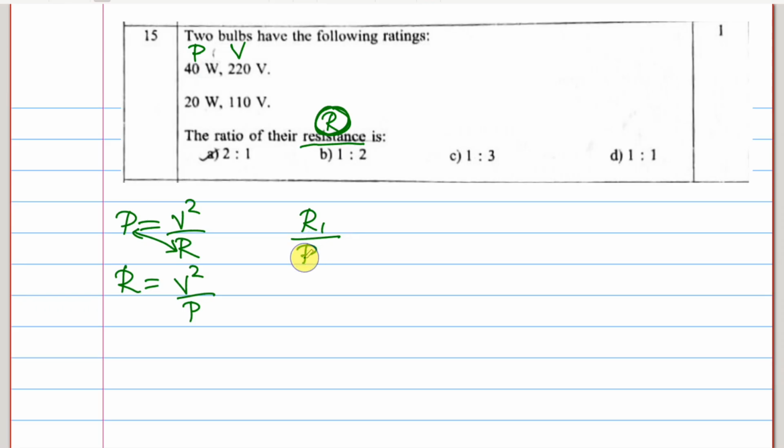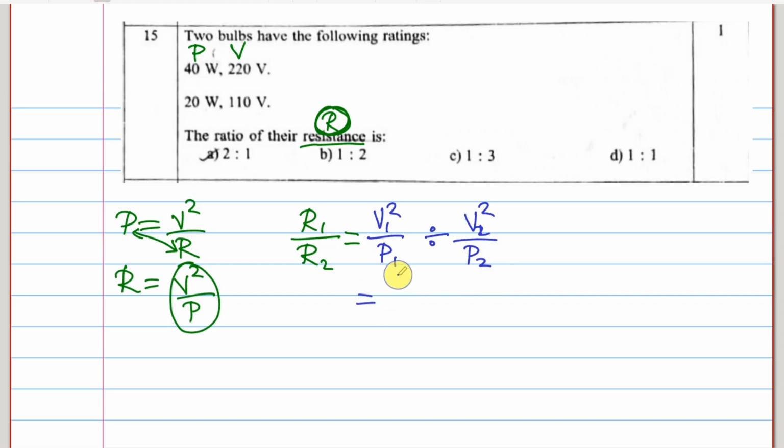They are asking us to calculate R1 by R2. So R1 by R2 will be V1 squared by P1 divided by V2 squared by P2.